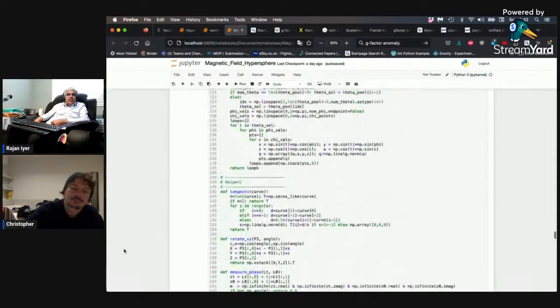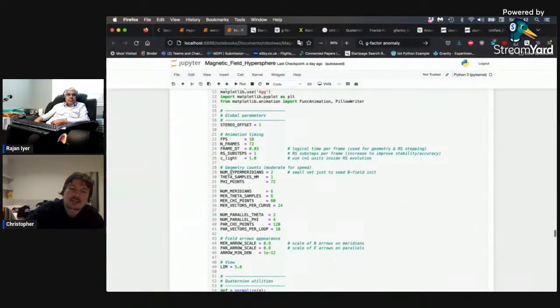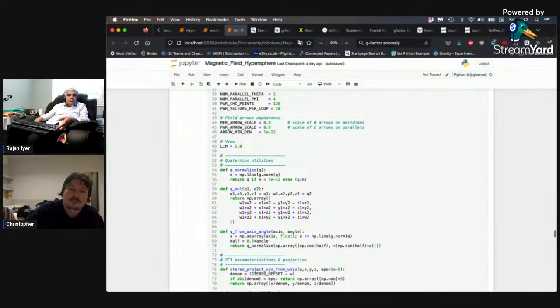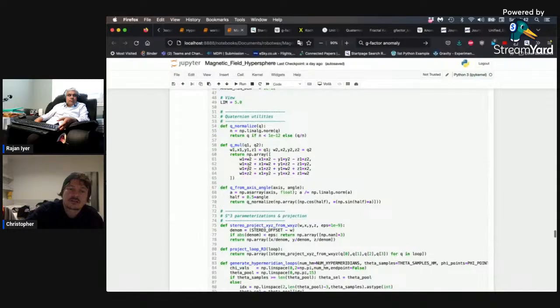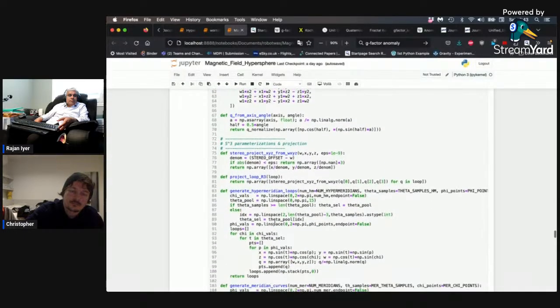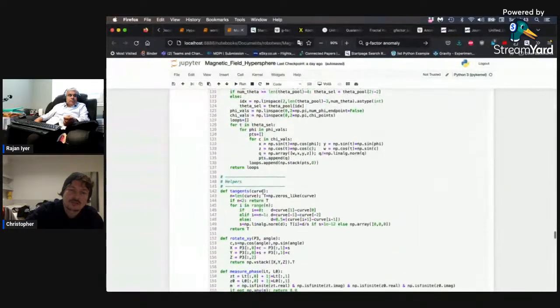Okay, so basically what this does is it creates the hypermeridians and the meridians and the parallel lines, and then these are the quaternions. This is the multiplication, and then we project the loop. This is generating all the different curves that we need.